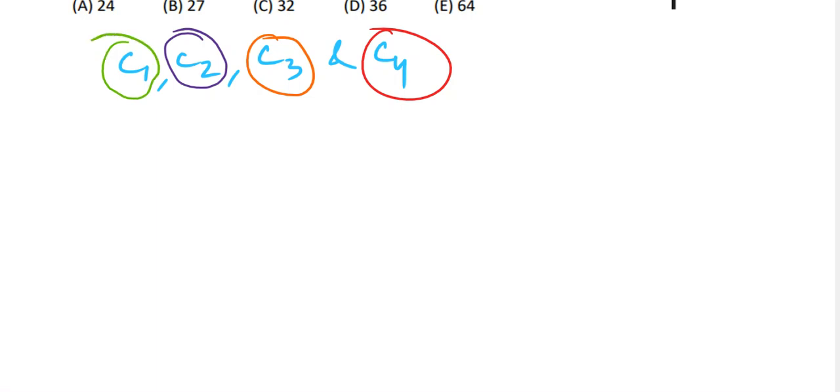So for the first strip, Emma can choose any of the four colors.